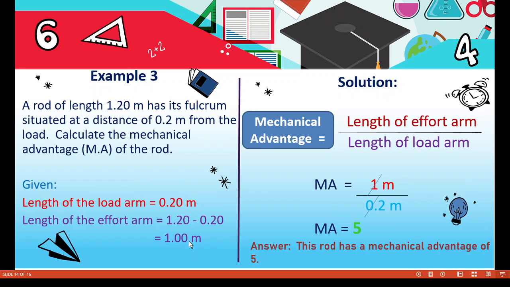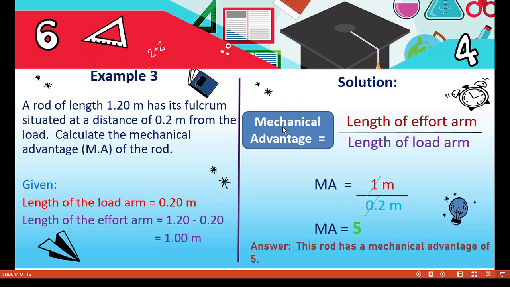So this is a very simple strategy you have to keep in mind. If you have any doubt, you pause the video and go to the previous slides, that is 3-4 slides before, and once again see the type 1 lever examples, and then you come here, you will probably understand very well.